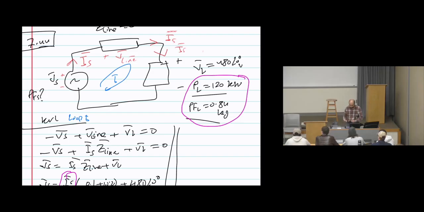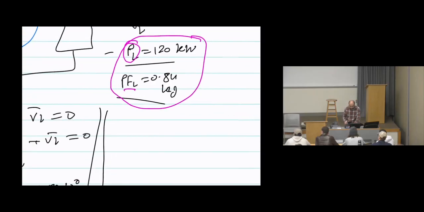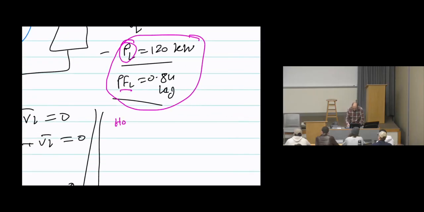How? We know P_L as real power. Power factor is the cosine of the angle, right? Now, here is the trick, which is we need to know how to find the complex power. Now, we have several scenarios.